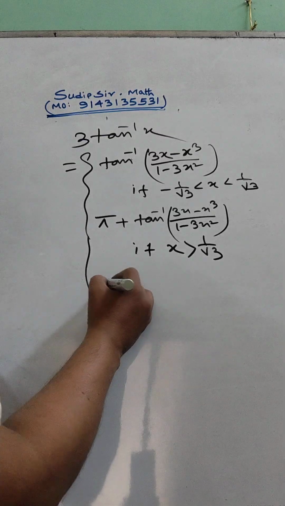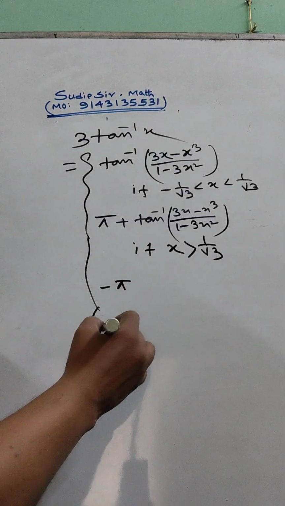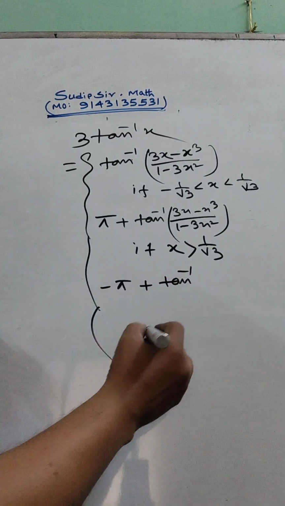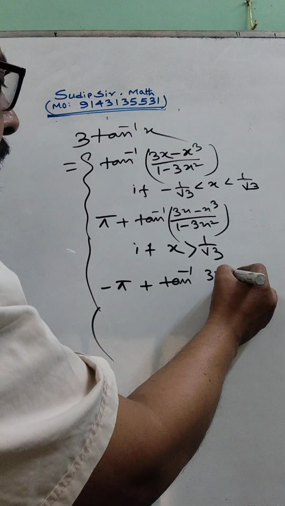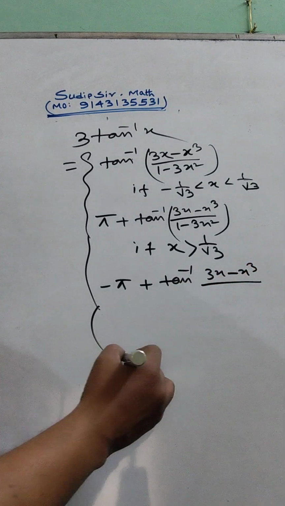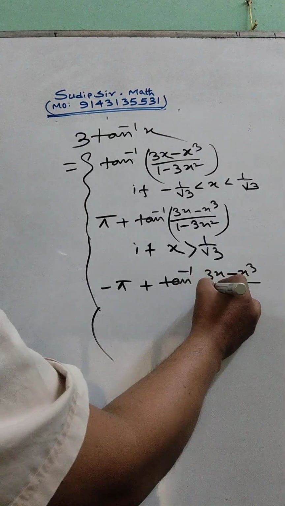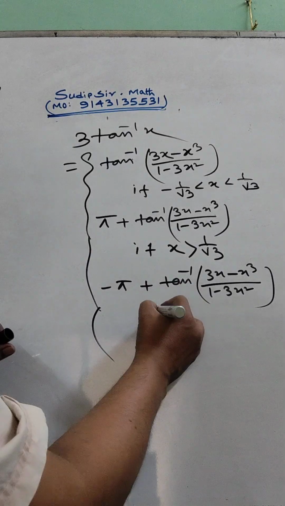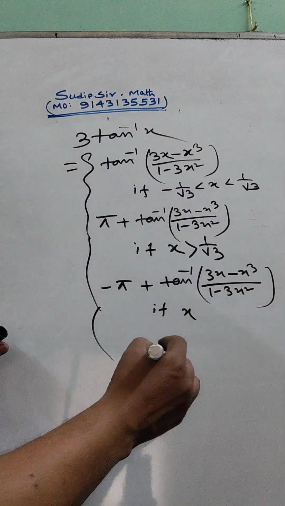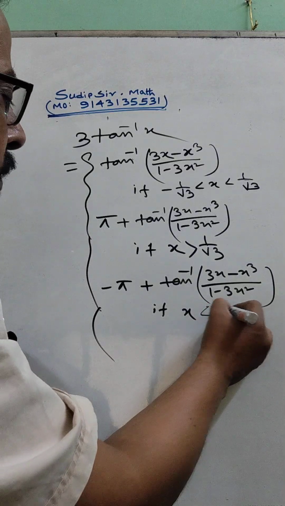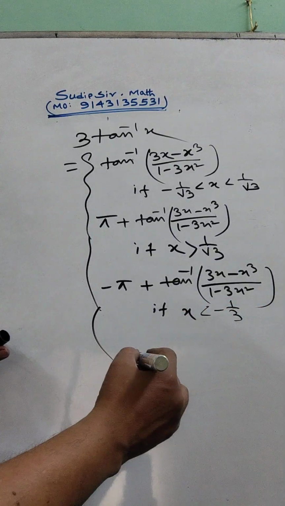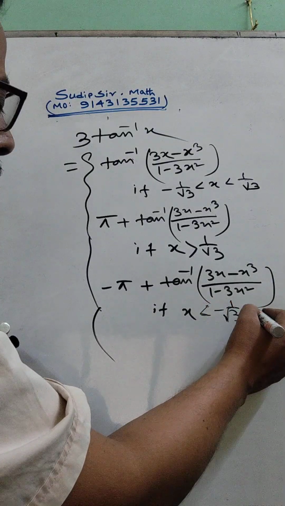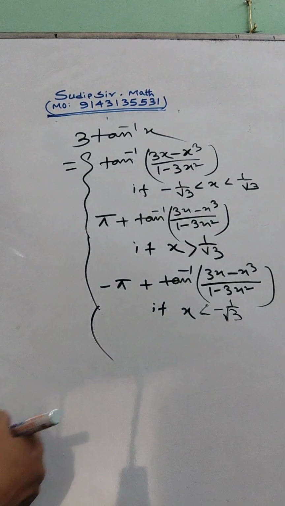And this can be written as minus pi plus tan inverse of 3x minus x cube by 1 minus 3x square, if x is less than minus 1 by root 3.